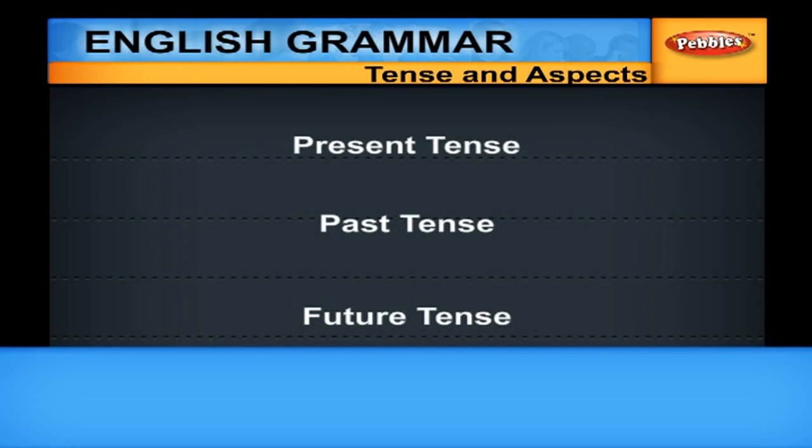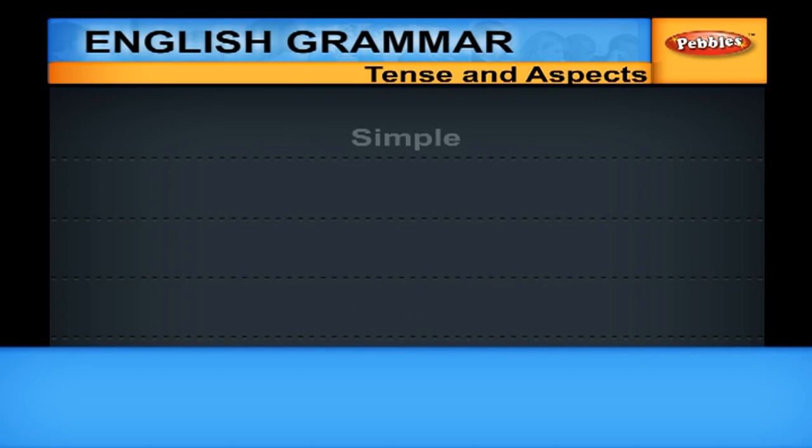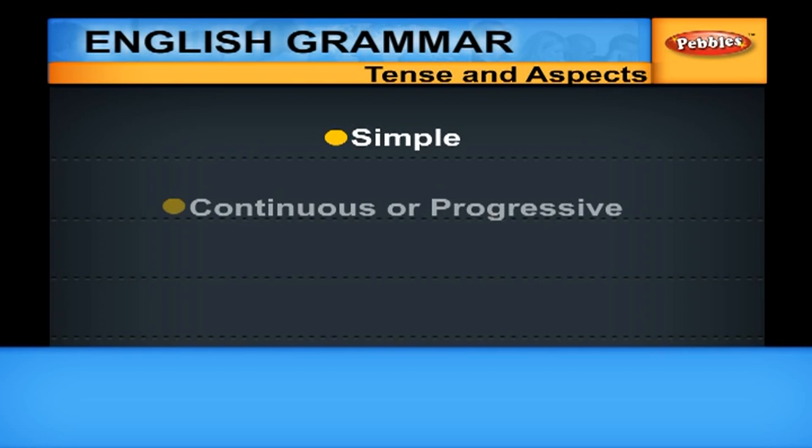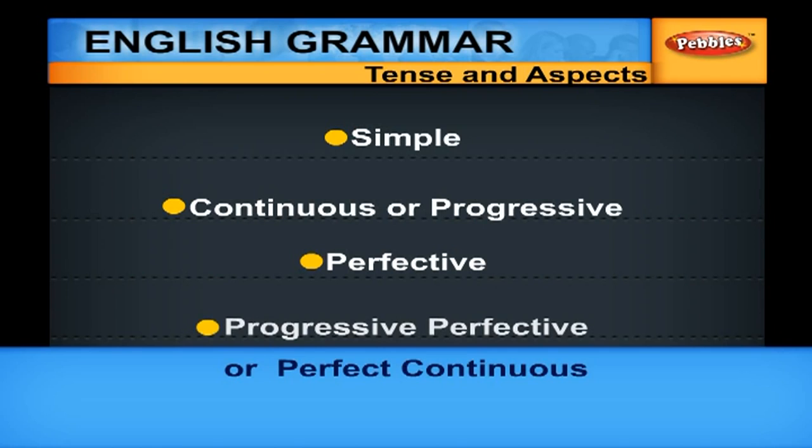Within each tense, you have variants. What kind of action is performed in that time? This is what we call aspect. There are 4 aspects. First one is simple. Second one, continuous or progressive. Third is perfective.